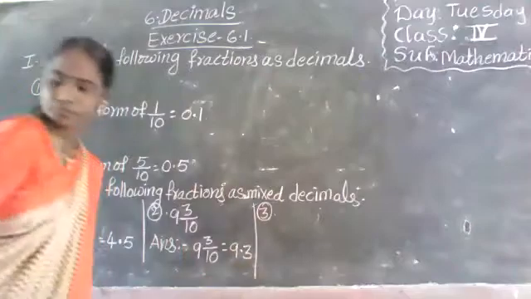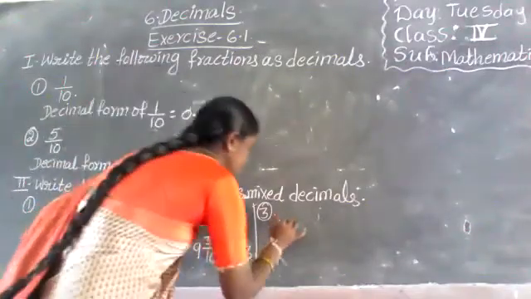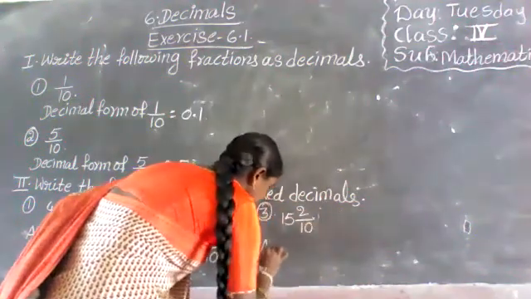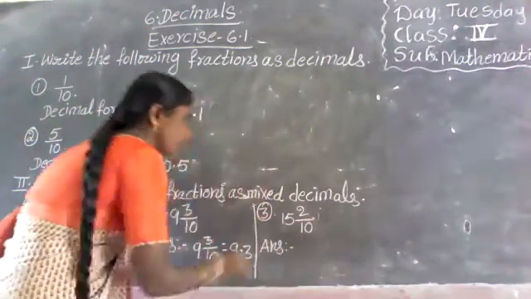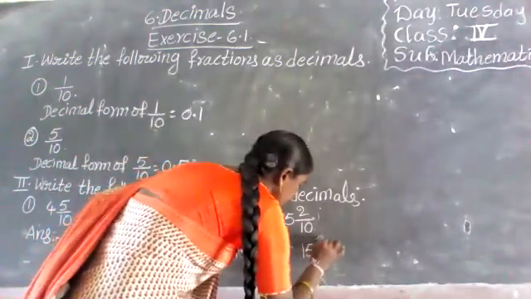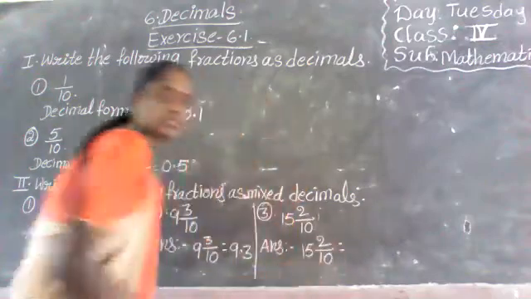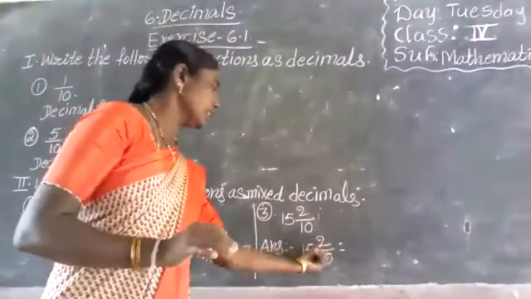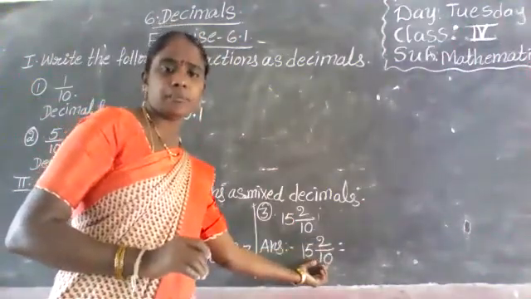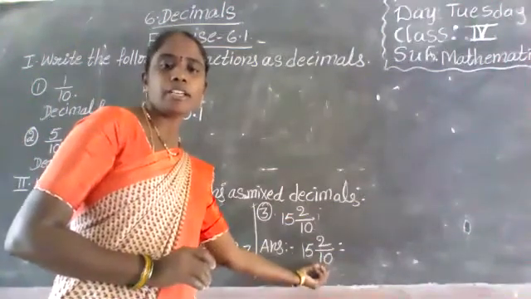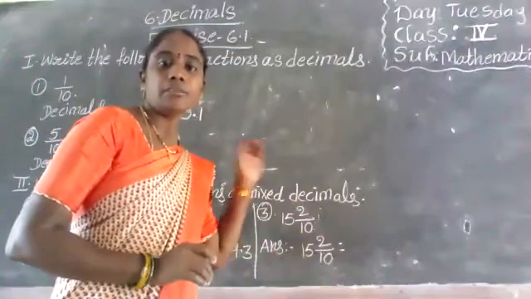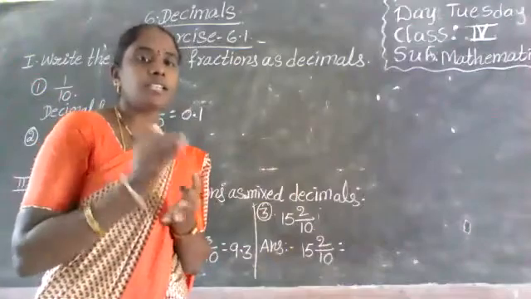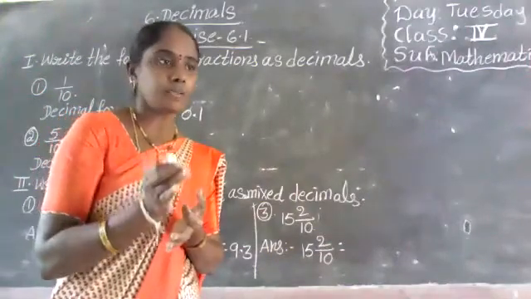Next, third one. 15 whole 2 by 10. What is the mixed decimal of 15 whole 2 by 10? Yes, very good, Manisha. 15.2. See children, here 2 by 10 is a decimal fraction because the denominator 10 is there. Fractions having denominators 10, 100, 1000, 10,000 are called decimal fractions.